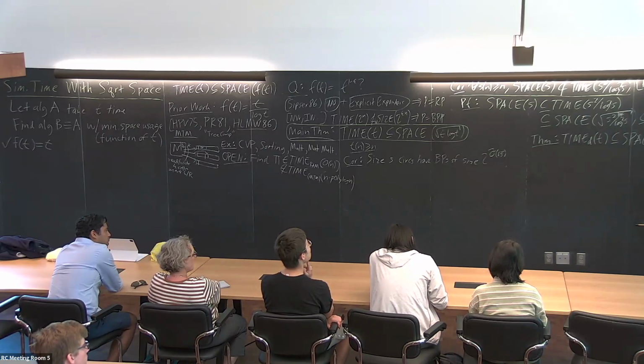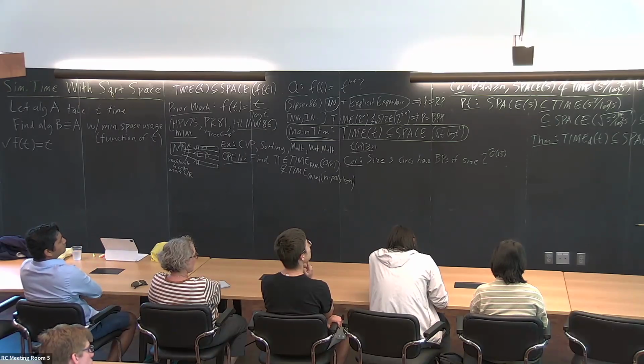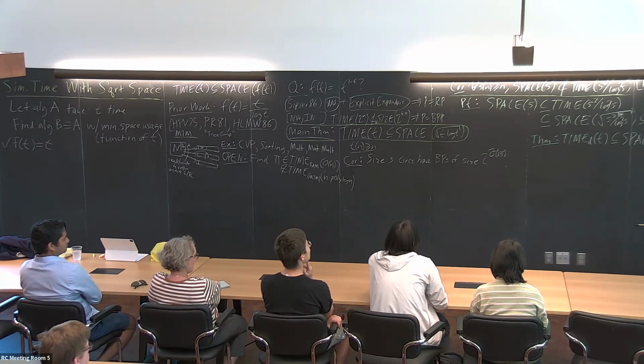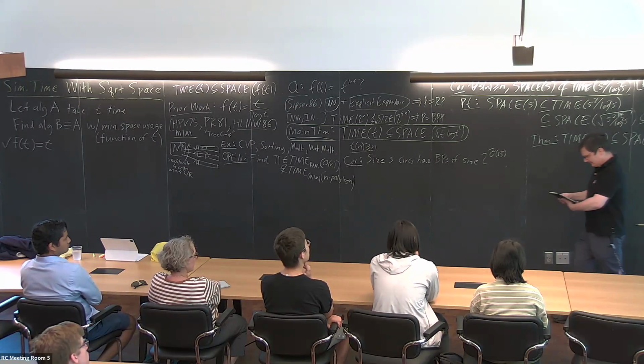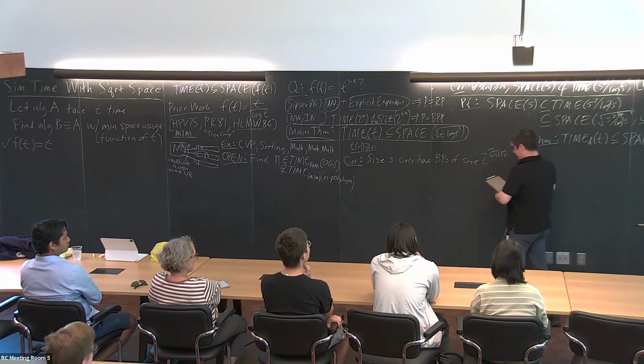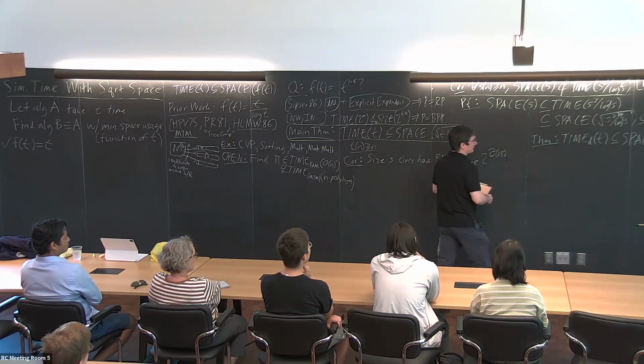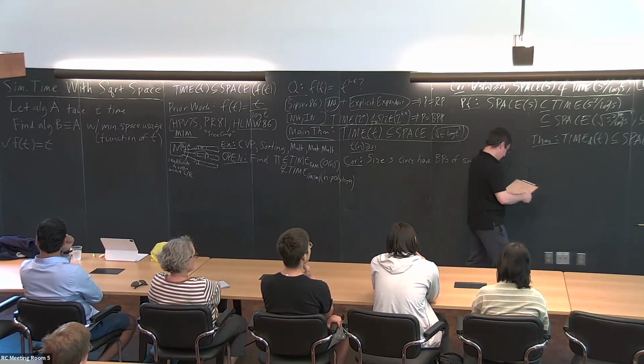The appropriate exponent should be 1 minus 1 over D plus 1. So we get square root for D equals 1, and it degrades a bit, like 2/3, 3/4, and so on. And so we get lower bounds against space for those things as well.